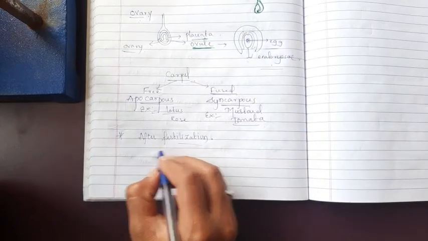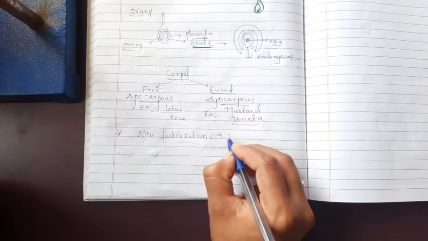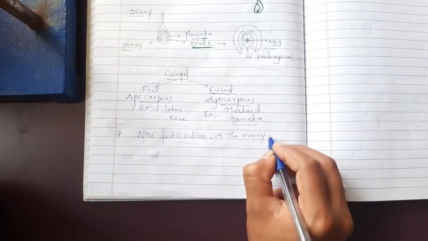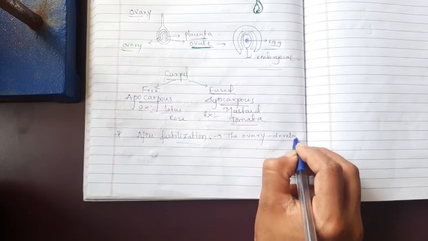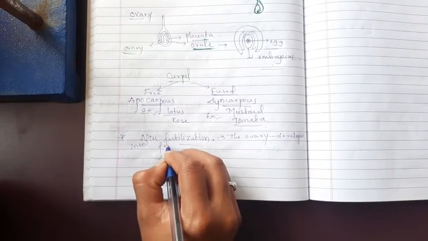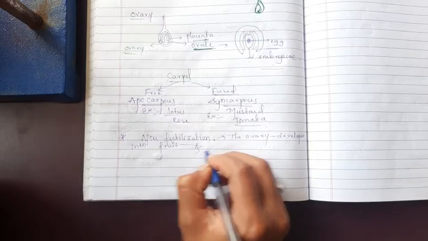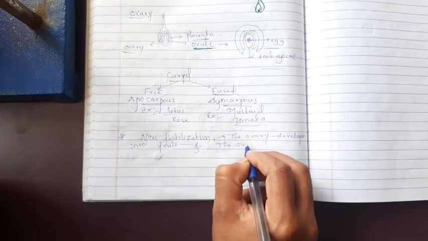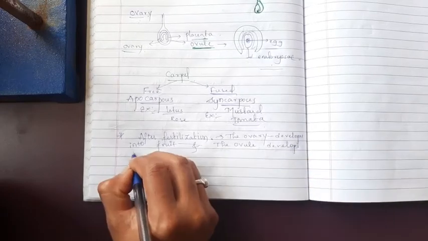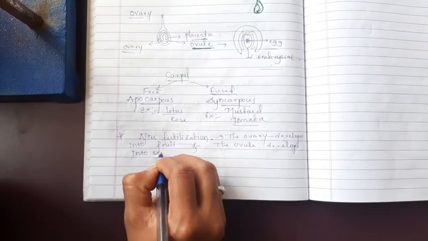After fertilization, the complete ovary develops into fruit, and the ovule develops into seed.